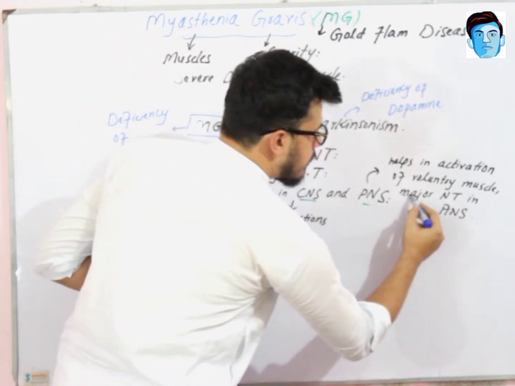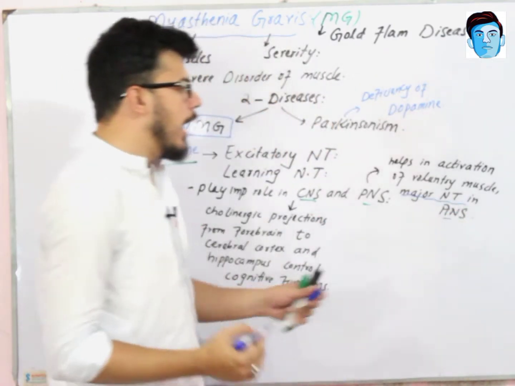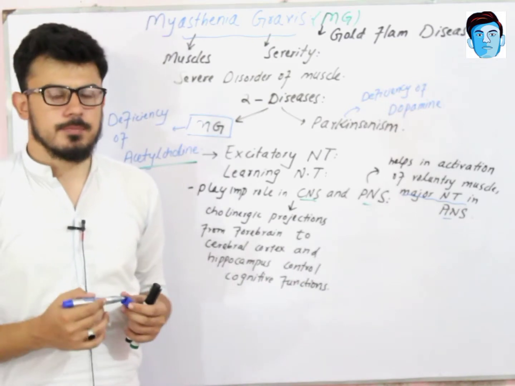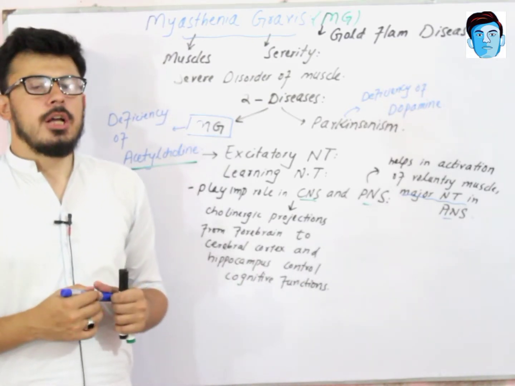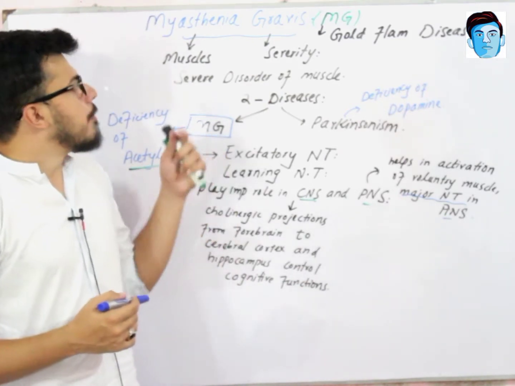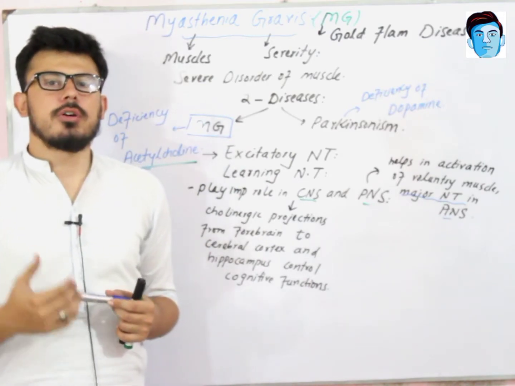Also, it is considered a major neurotransmitter in the autonomic nervous system. So in the peripheral nervous system, what is the role of acetylcholine? It helps in the activation of voluntary muscles. Also, it is considered a major neurotransmitter in the autonomic nervous system.